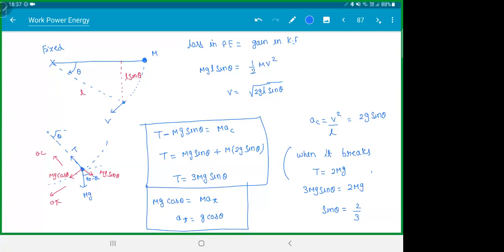Net acceleration. Remember, net acceleration is the resultant of a centripetal and a tangential.